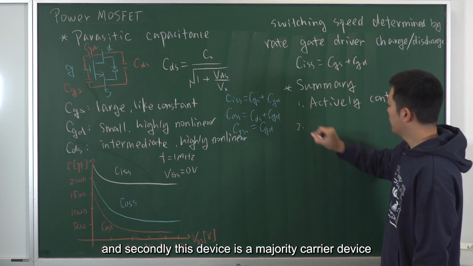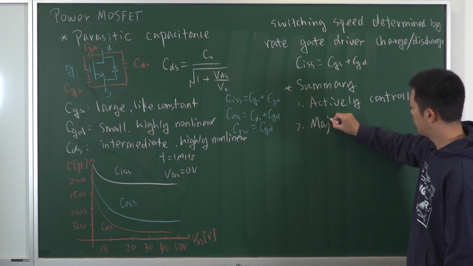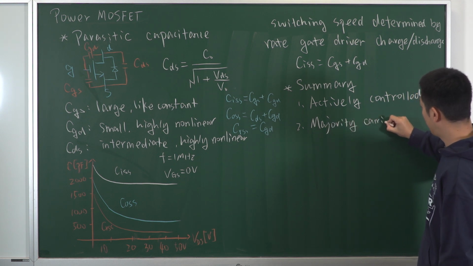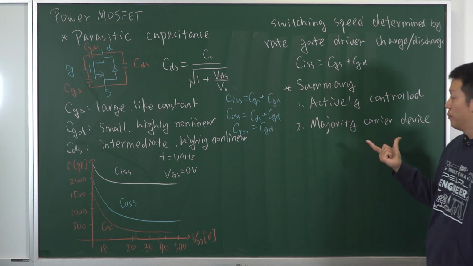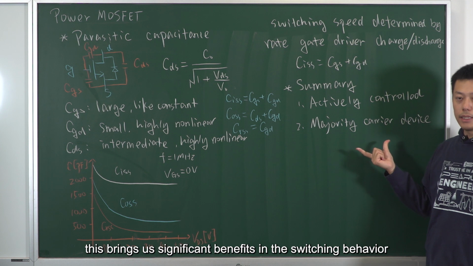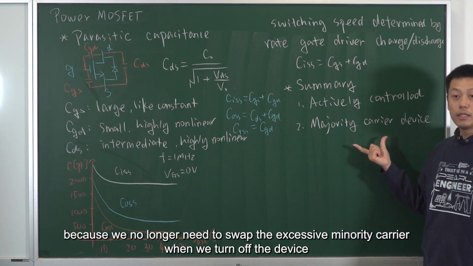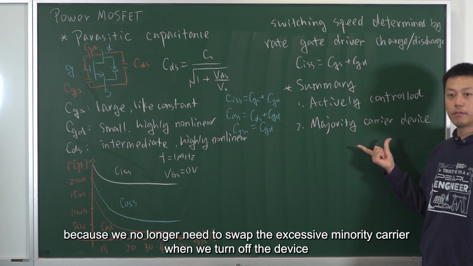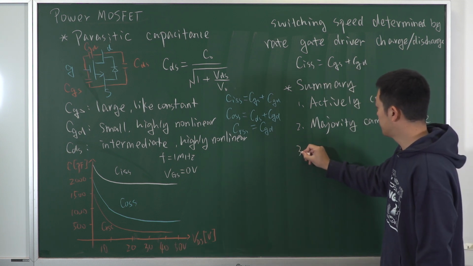And secondly, this device is a majority carrier device. This brings us significant benefits in the switching behavior because we no longer need to sweep out the excess minority carriers when we turn off the device. So the switching speed can be fast.